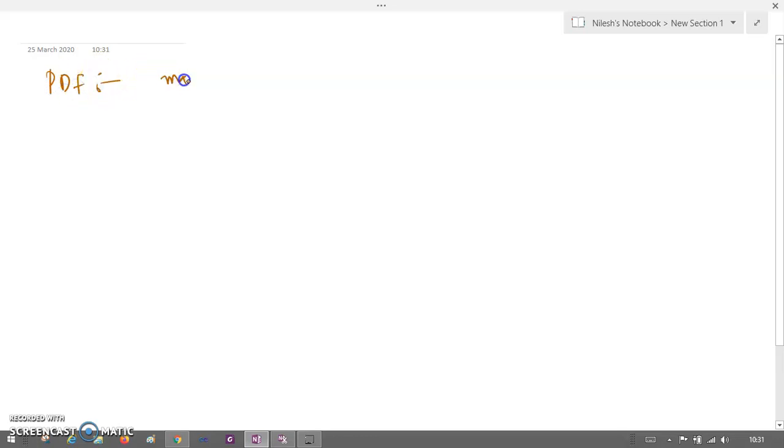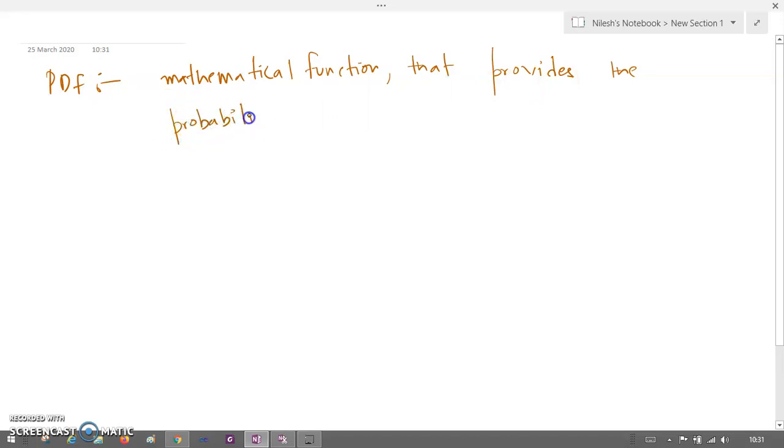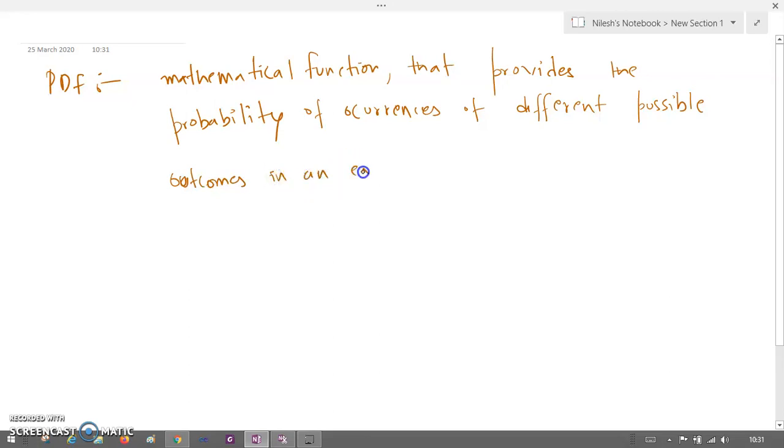Well, PDF is a mathematical function that provides the probability of occurrences of different possible outcomes in an experiment. So I hope you are getting it.